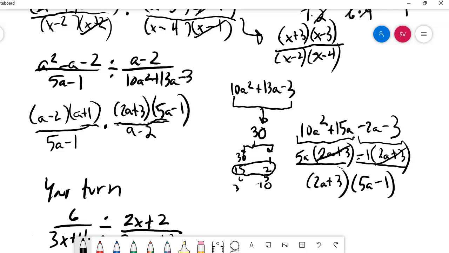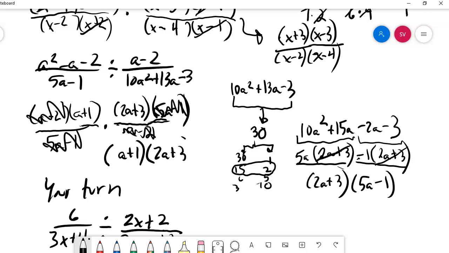So here we could see we have a minus 2, that cross cancels, of 5a plus 1, or 5a minus 1, I'm sorry, that cross cancels, and it looks like there's nothing else we could cancel, so our answer is going to be made up of whatever we didn't cancel. Quantity a plus 1 times the quantity 2a plus 3. And that's how you solve it.